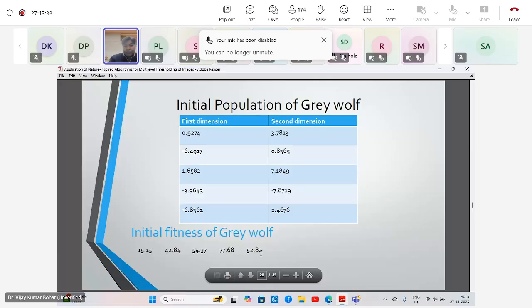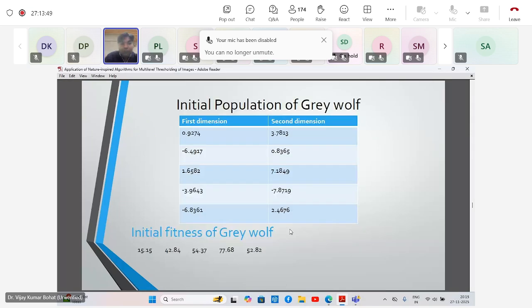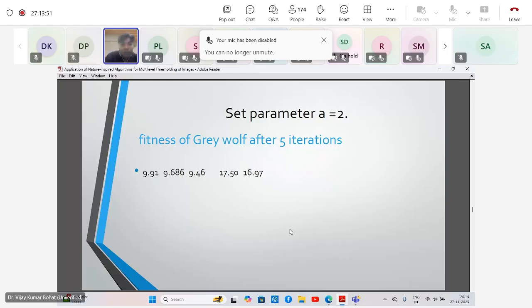But after 5 iterations, if I set parameter a equal to 2, and R1, R2 are random, then the first solution, 15.15, becomes 9.91. The second solution, 42.84, becomes 9.686. So it's a huge optimization. 54 becomes 9.4, which is again huge.